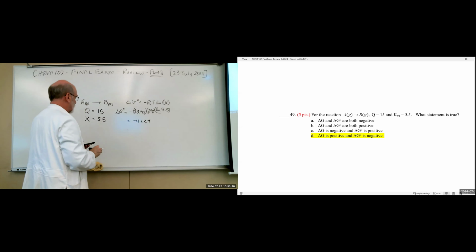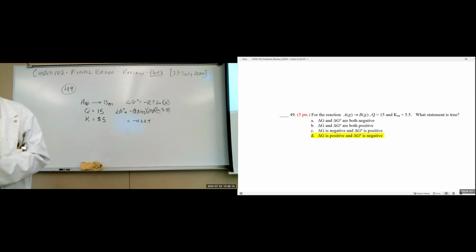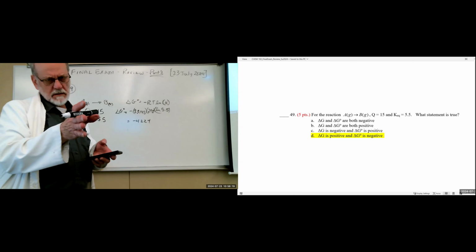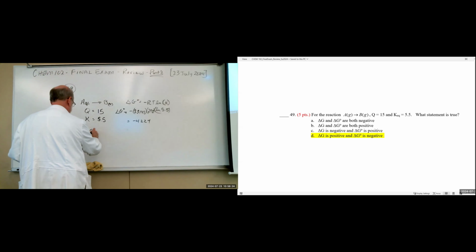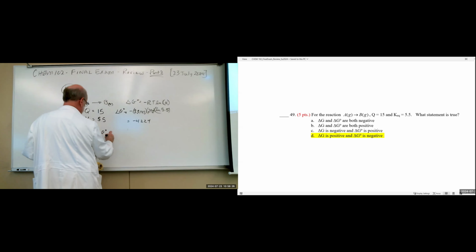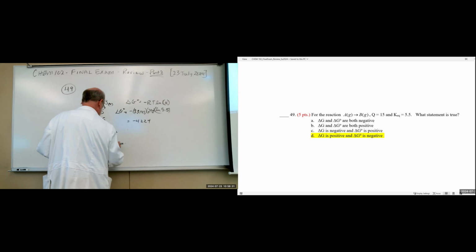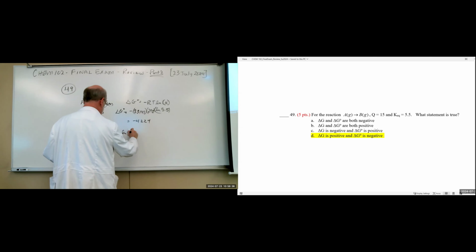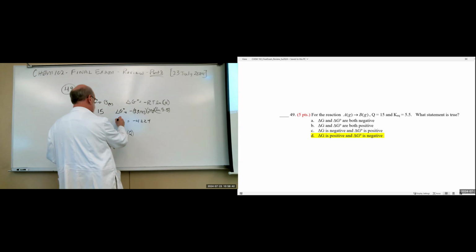And for the Q, to give us delta G, delta G equals delta G0 minus RT log Q, right? So we know what delta G0 is.